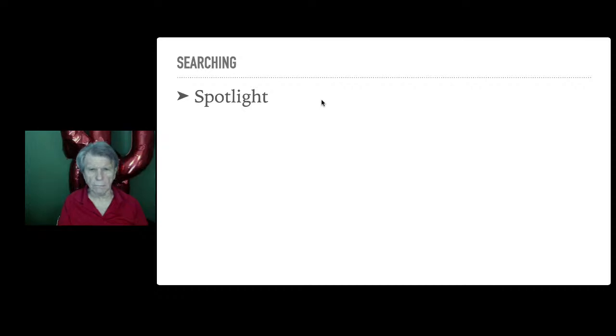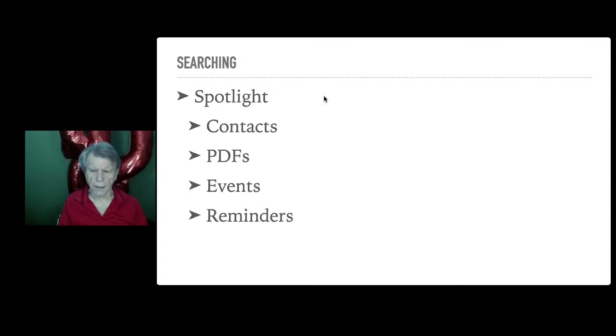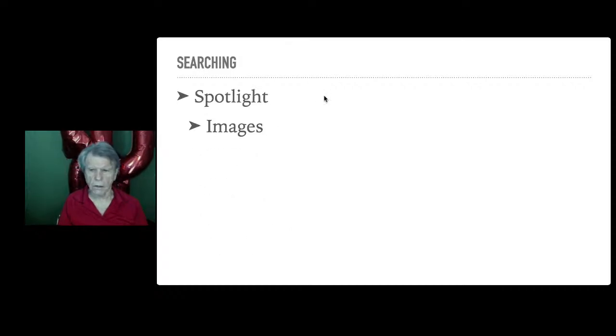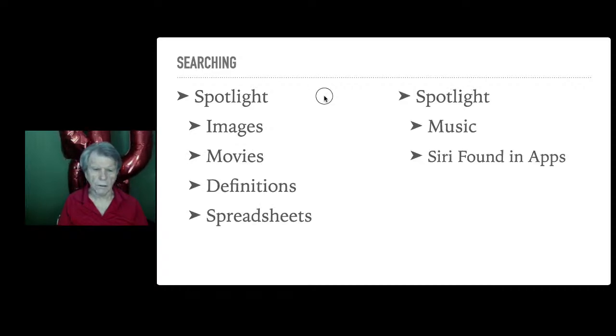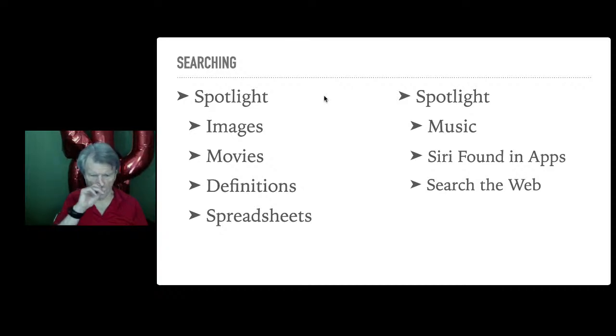So you have Spotlight on the iPhone as well as on the Mac. You can search for many of the same things that we showed you last week on the Mac, including files, documents, emails, contacts, PDFs, events in your calendar, reminders, settings, images, movies, definitions, spreadsheets, music, Siri, things that Siri found in apps, and of course you can search the web from right there.